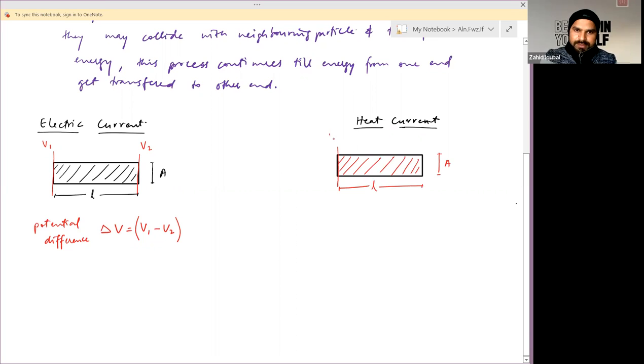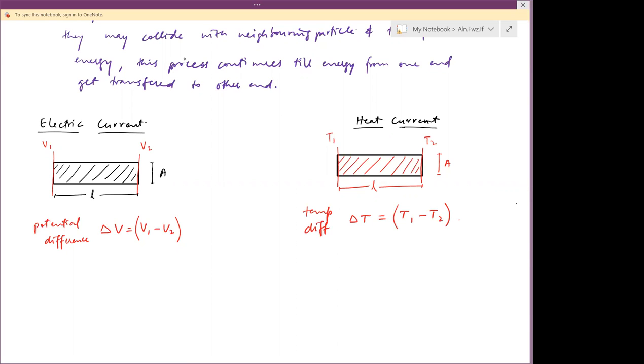Let's say this end has temperature T1 and this end has temperature T2. So for flow of heat, we must require some temperature difference, delta T equals T1 minus T2. Ifra, is it clear? Yes, sir.